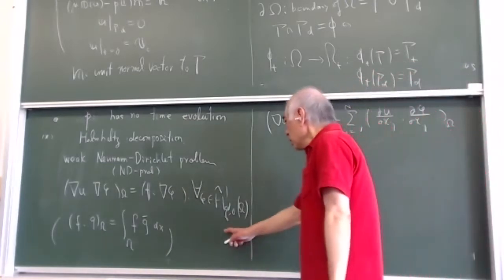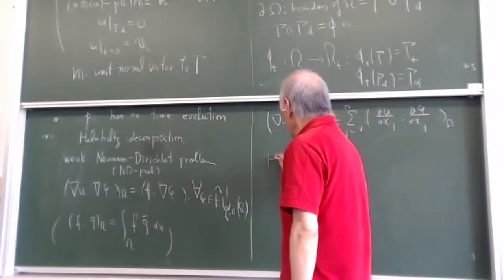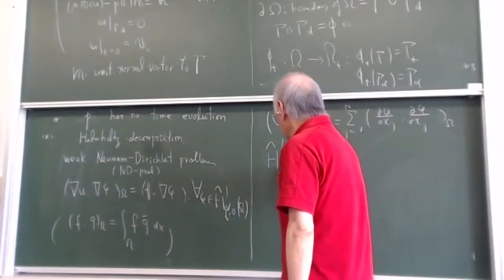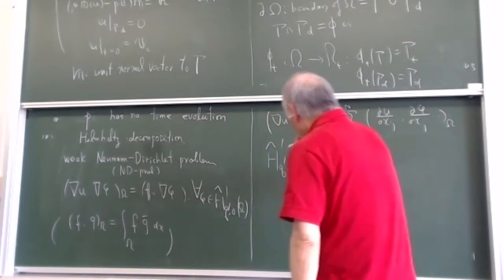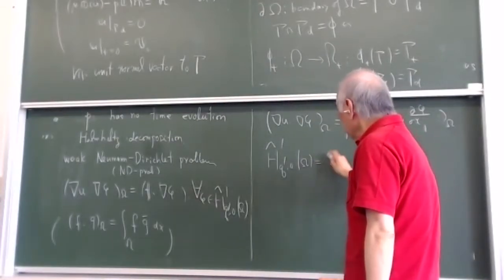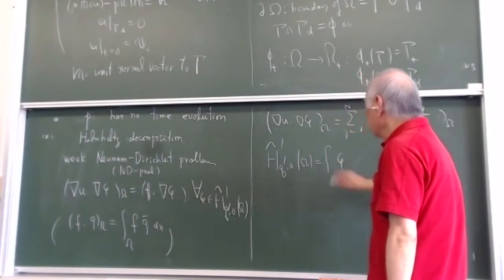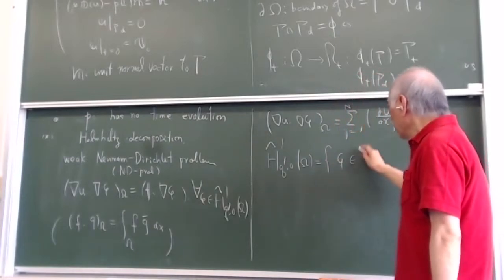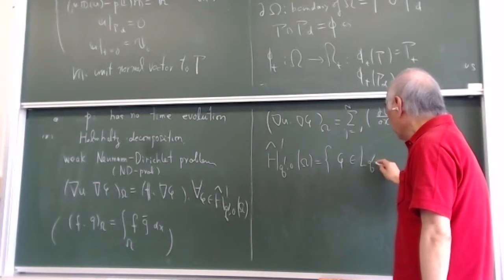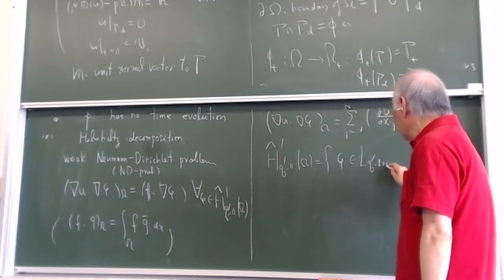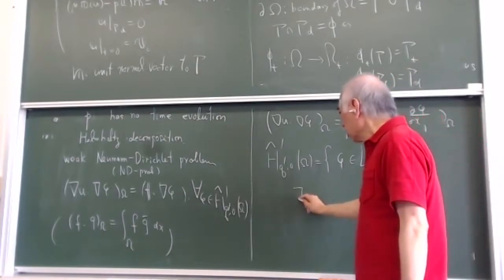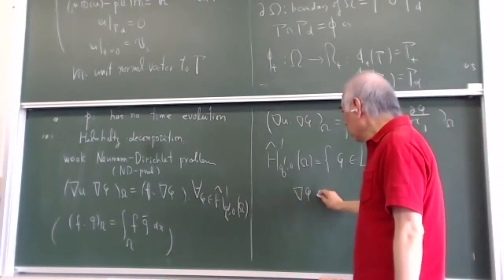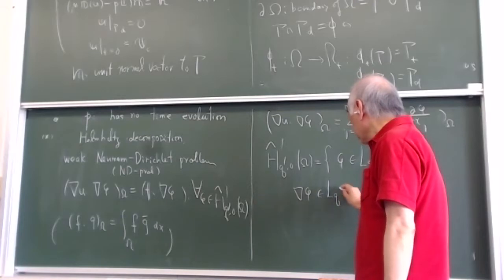Also, the space with q prime I will explain later. The function is locally in L^q, and the gradient of phi belongs to L^q prime.